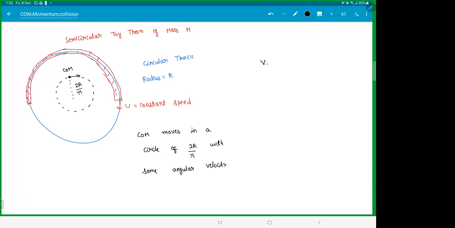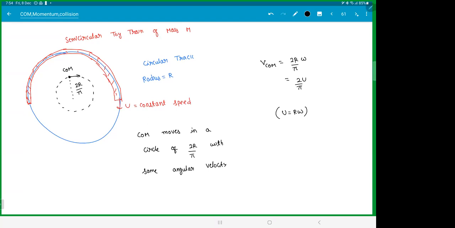That means velocity of center of mass will be 2r by pi into omega. But what is r omega? V, u, whatever it is. u is equal to r omega for the train. That's it. So if you got that idea, you get the answer in like 10-15 seconds.